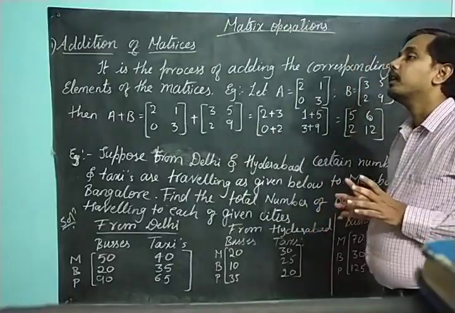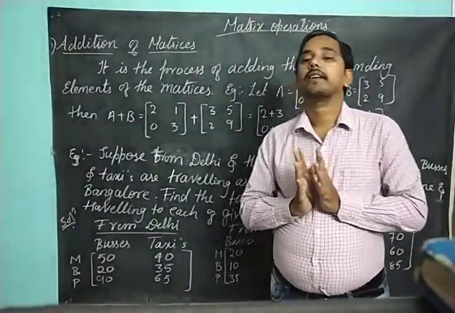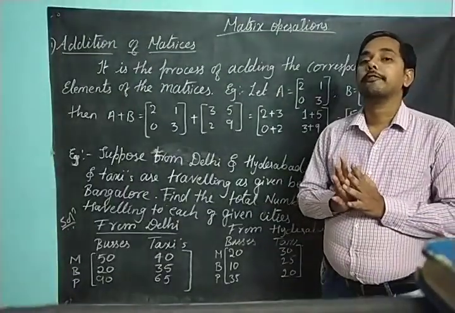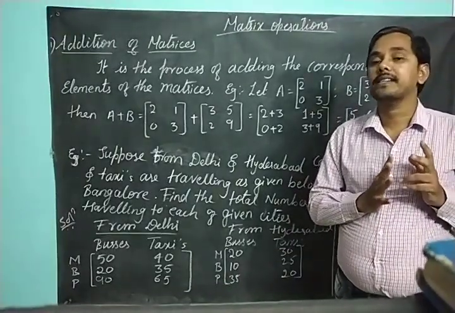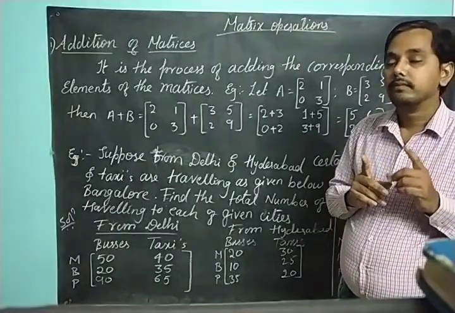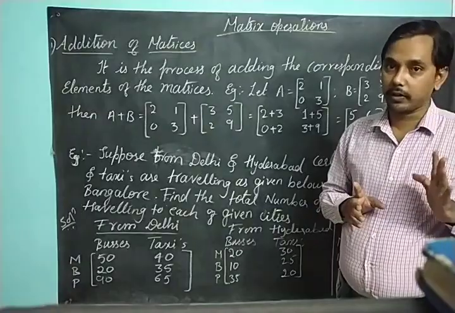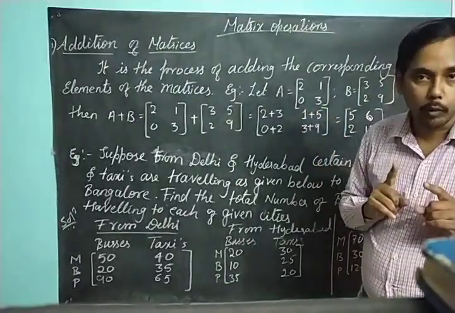In order to add corresponding elements of matrices, what is the condition? If you want to add corresponding elements of two matrices, the condition is that the order of the two matrices should be the same. Whatever may be the order, both the matrices should have the same order.